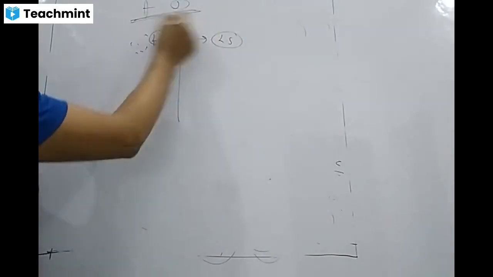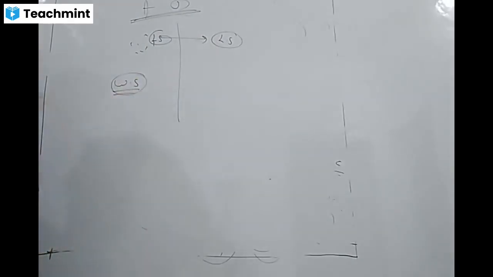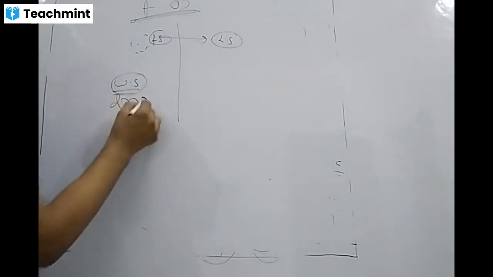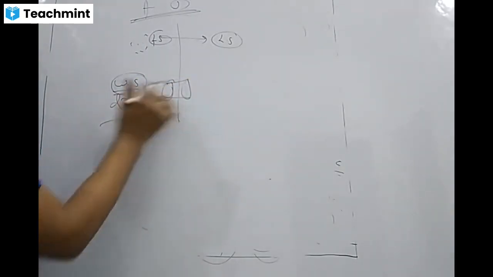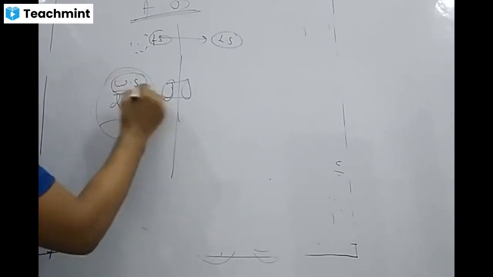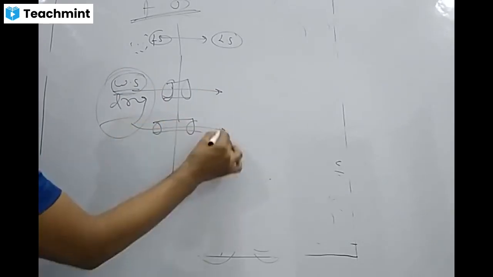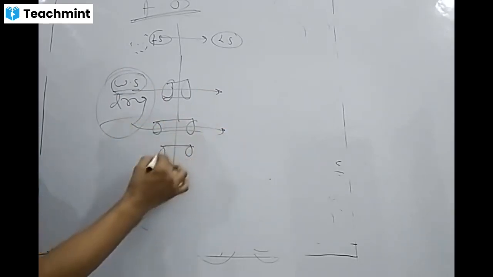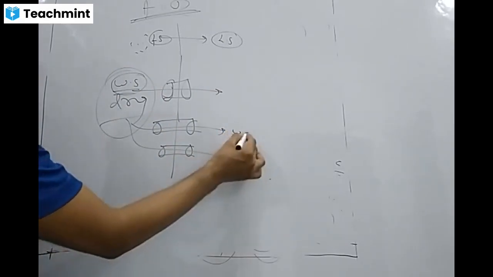But if you inject a water soluble drug, that drug needs something to cross this membrane. Water soluble drugs need one transport known as carrier molecule or transport molecule to cross to the opposite side.